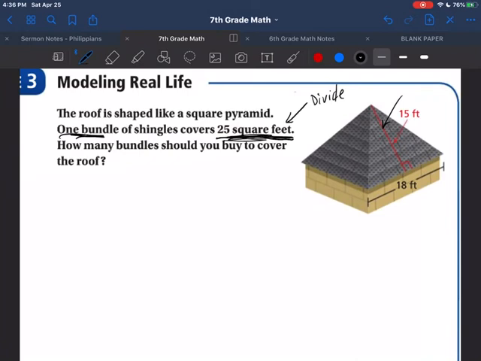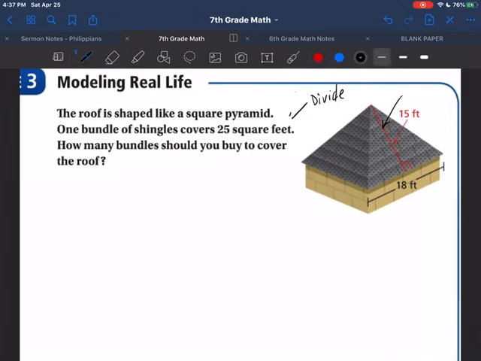They've given us a unit rate, and that means I'm going to divide the total square feet by this 25 to figure out how many bundles. Hopefully you're starting to recognize that in your story problems. Whenever they give you that, they want you to divide because they want to know how many bundles you should buy to cover it. So we figure out the total square feet, divide it by this 25, and that will tell us how many bundles to buy.